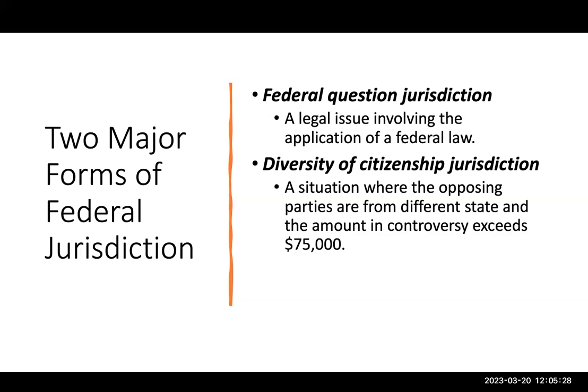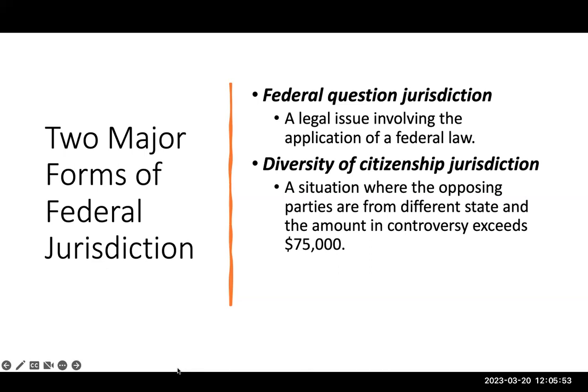So under diversity of citizenship jurisdiction, the federal court would hear the matter and actually apply state law to the case. Again, by definition, there's no federal question involved, so the federal court is essentially sitting as a state court and applying state law.